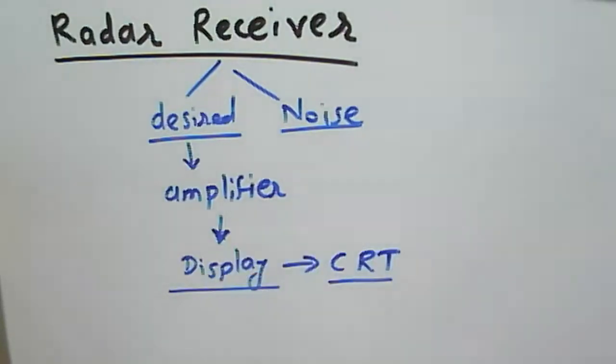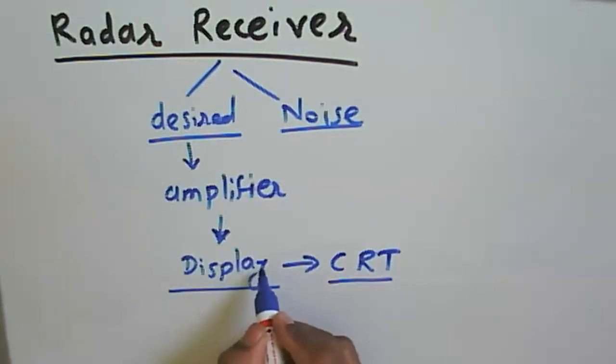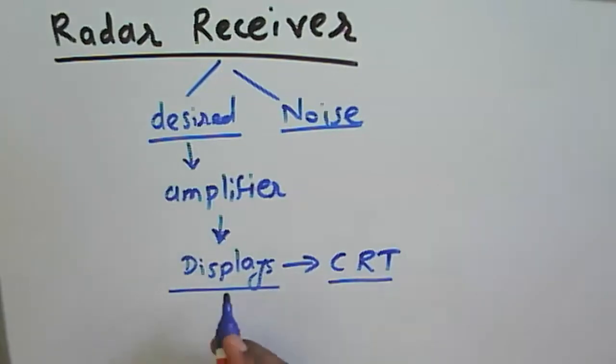But for a radar receiver, displays come in various types: whether it displays only the amplitude or presence of the target, whether it displays the noise part, or whether it displays the range as well as the azimuth and elevation angle. According to that, there are various types of display.